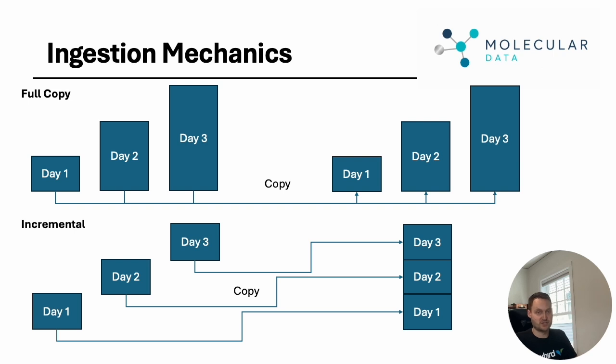What many teams like to do to improve efficiency is incremental copying, as shown down here, where chunks of data are copied over in batches as they're ready. So day one is complete, that data is in staging, and is then copied, pipelined over into the warehouse, and so on and so forth, and the data sort of stacks on top of each other. This is fairly efficient because you're not unnecessarily transforming data.